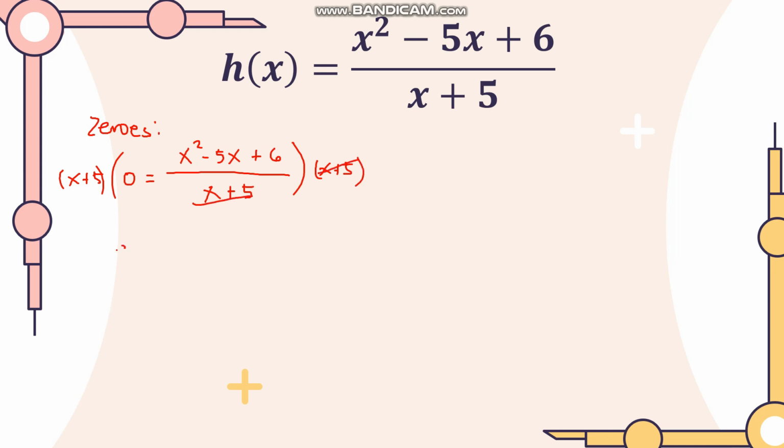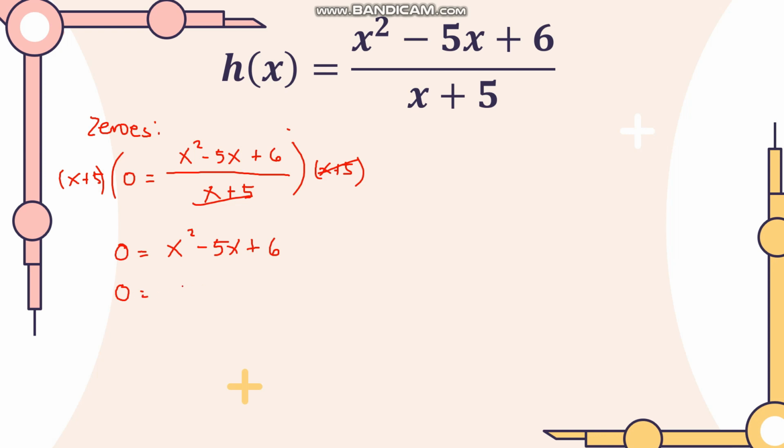Cancel. This will be equal to 0 equals x squared minus 5x plus 6. Now from here, we just have to identify the value of x. Looking at this given equation, this is a trinomial. So that means we have to do factoring in order for us to identify the values of x.